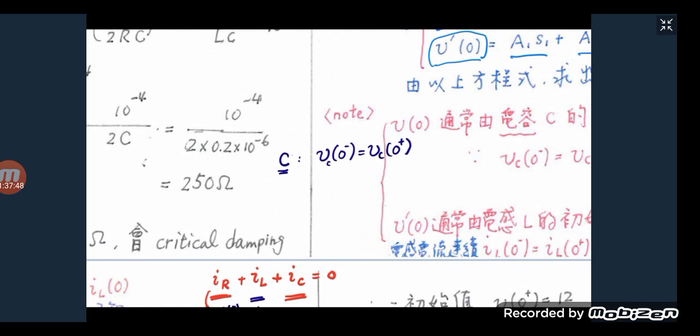Okay, so when we talk about natural response, it's a switch from on to off relative to the source, right? So we can use C, the capacitor voltage, to determine its initial voltage, and the other is L. What is continuous for L? It's the current iL.